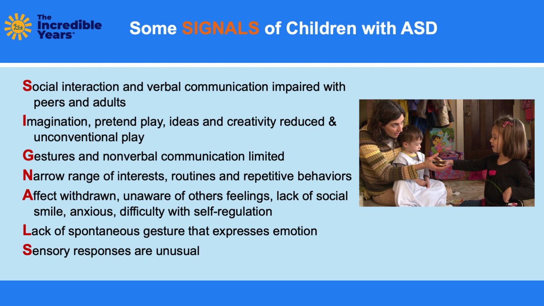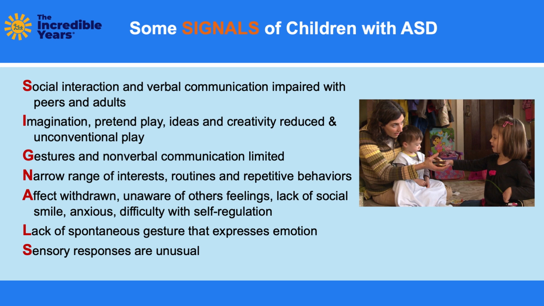They might be playing with the same thing over and over again and reluctant to change it up in any way. Their gestures, the G is for gestures, and their nonverbal communication may be limited. They have a narrow range of interests, routines, and repetitive behaviors. The A is for affect. It can seem withdrawn.